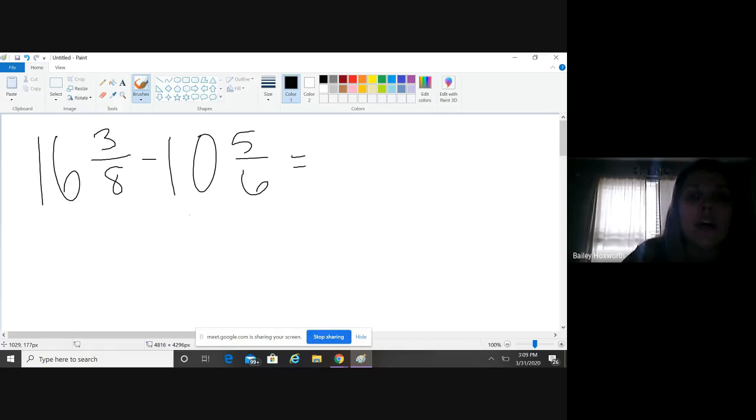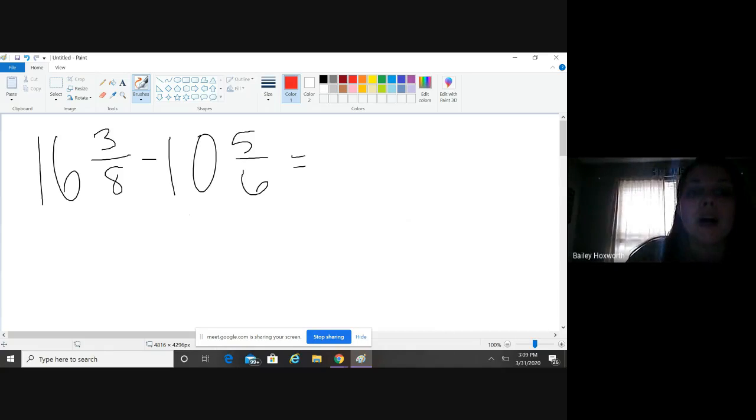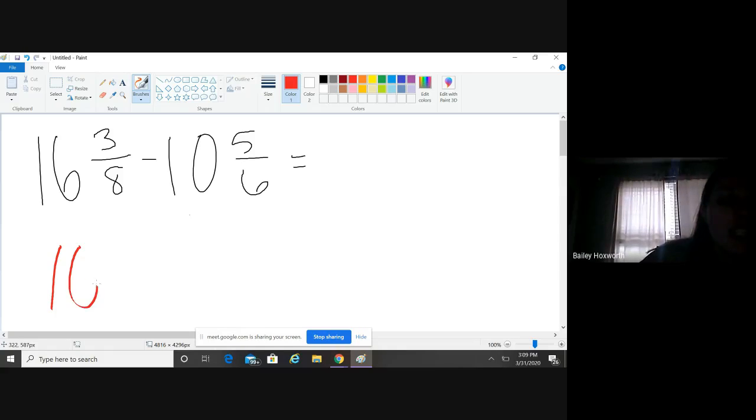So for me to find common denominators, first thing I got to do is write my multiples. My least common multiple for 6 and 8 is going to be 24. So I'm going to have 16 and something 24ths minus 10 and something 24ths.